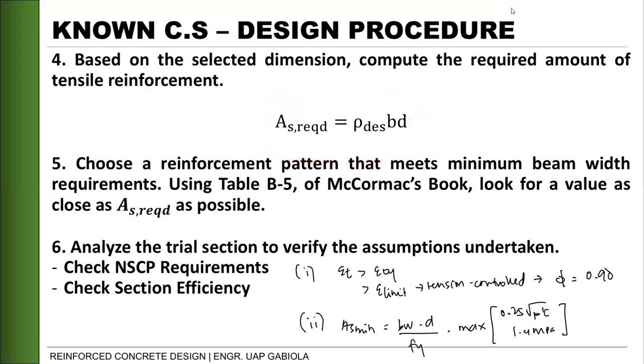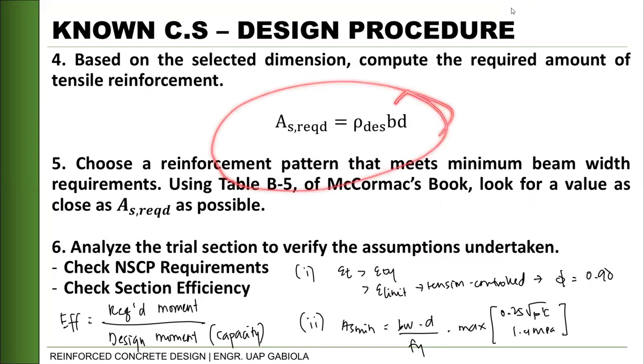After verifying that, we can check the section efficiency. To check the efficiency, all you need to do is calculate our design strength, phi Mn. The efficiency is the required moment we got in step 1 over the design moment, which is the capacity of our section. So, what is the capacity provided by our reinforcing bars, and we compare it with our required moment.